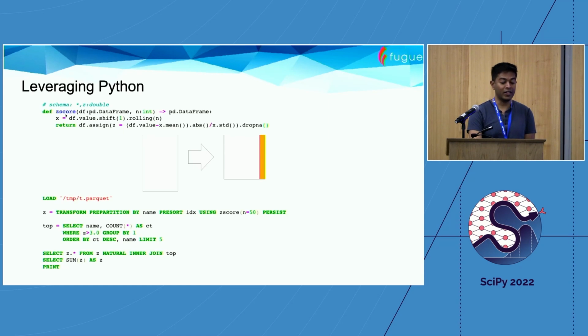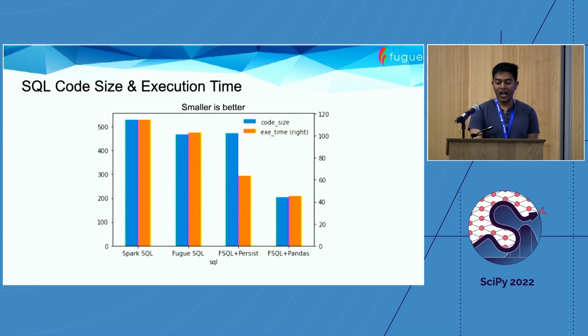What that means is it's fairly easy for us to write unit tests, and that means that it's less likely to have bugs, and it reduces the maintenance overhead if we try to migrate this logic or modify it in some way later down the line. So as you can see here, Fugue has the possibility of reducing both the code size and greatly reducing the execution time as well.